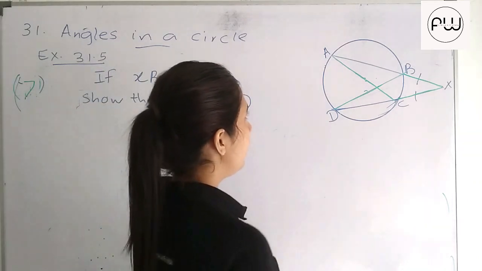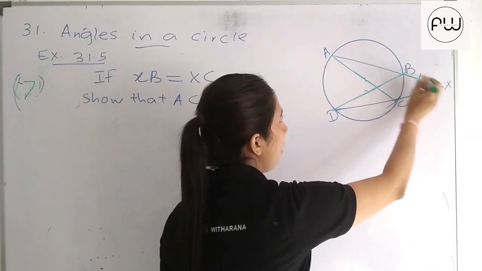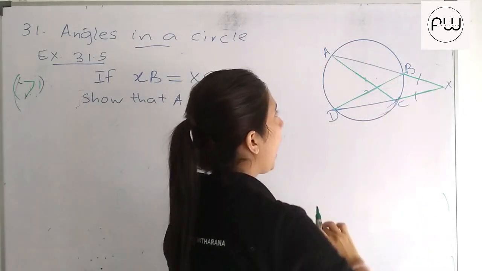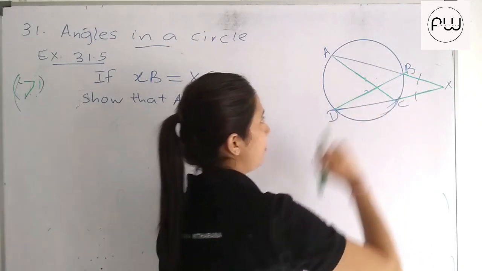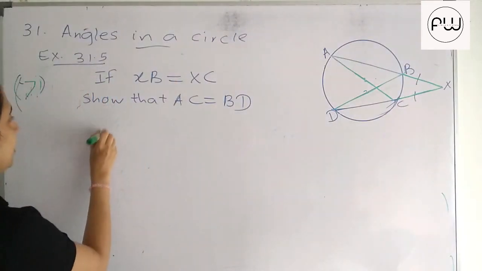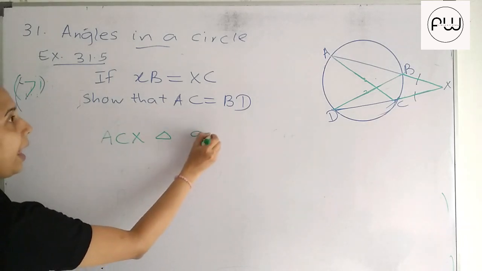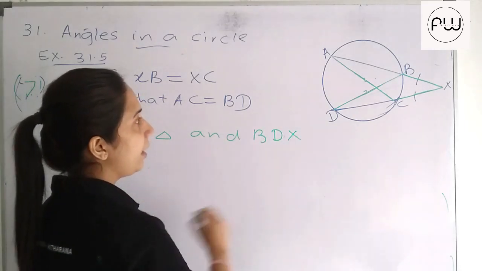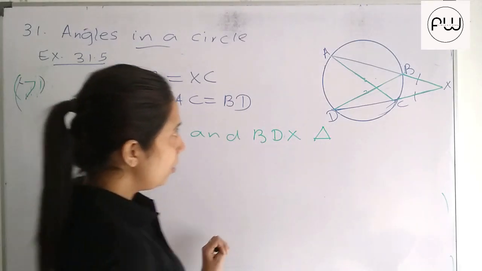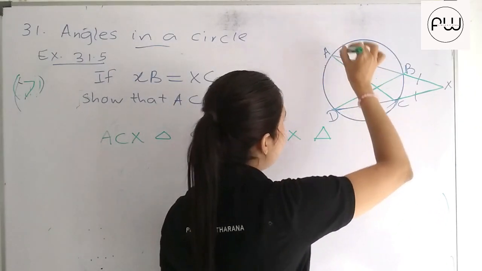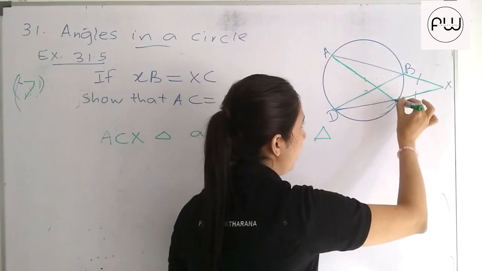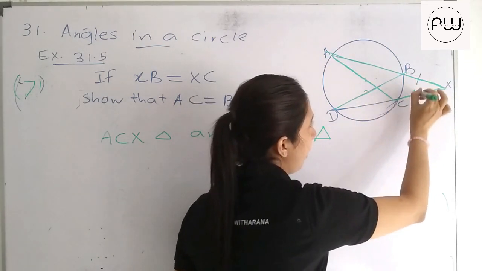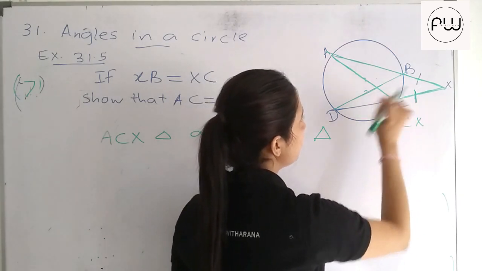Look here. You can clearly see there are two triangles. One is AXC and the other one is DBX. Now let's write ACX triangle and the other one DBX triangle. If we consider the ACX triangle, we have the CX side as one side of this triangle.